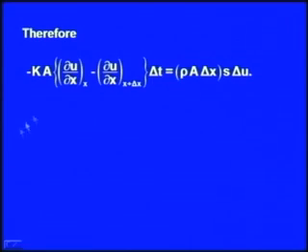And therefore, we have minus k A into delta u over delta x at x minus delta u over delta x at x plus delta x, into delta t, equal to rho into A into delta x into S delta u.